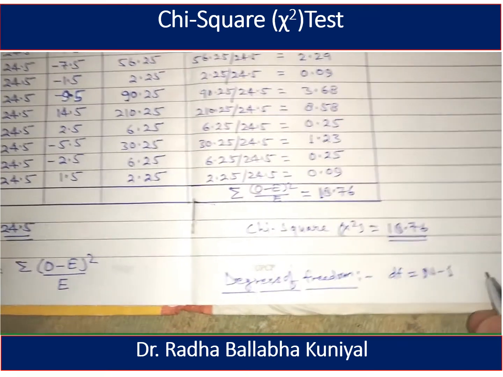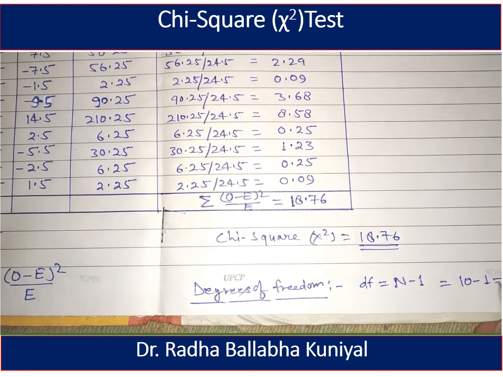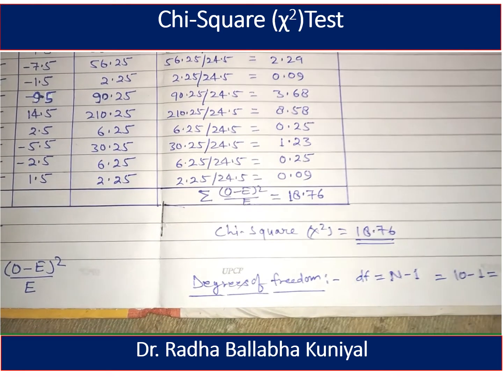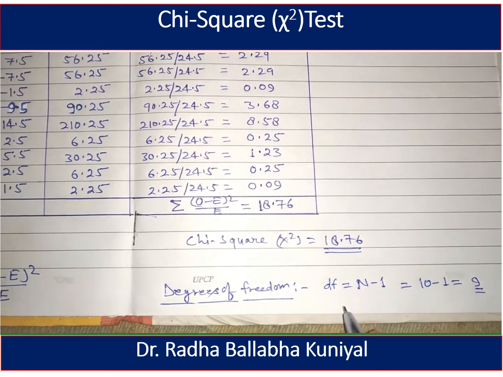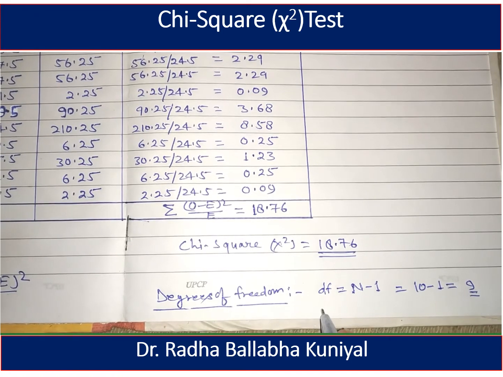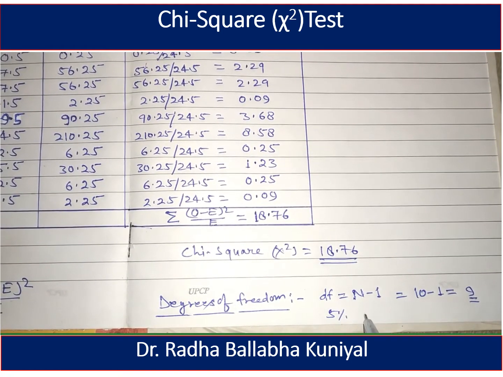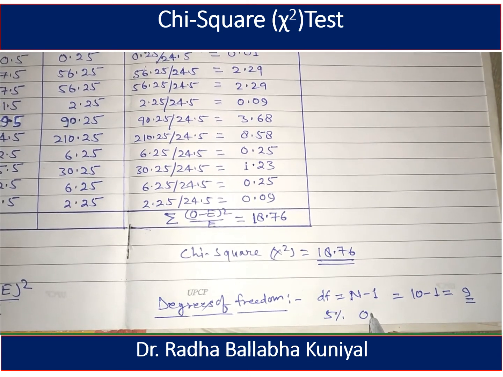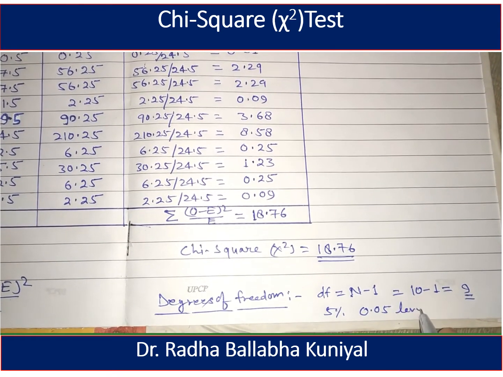Thus the degrees of freedom will be 10 minus 1 equals 9. As for the p value, the level of significance, as I told you, generally we see the p value or the level of significance at 5%, or we can say the 0.05 level of significance.